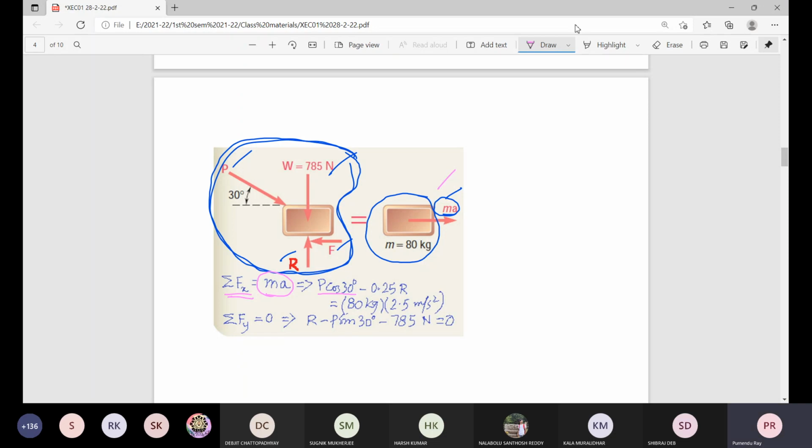Then resolving all the forces along y direction, and as there is no acceleration, mass multiplied by 0, and that is R minus the vertical component of P, minus P sin 30, because P sin theta, sin 30, is acting downward, and that minus 785, this self weight, and that is equal to 0. And truly speaking, this is not the free body diagram, and these are not equations of equilibrium.